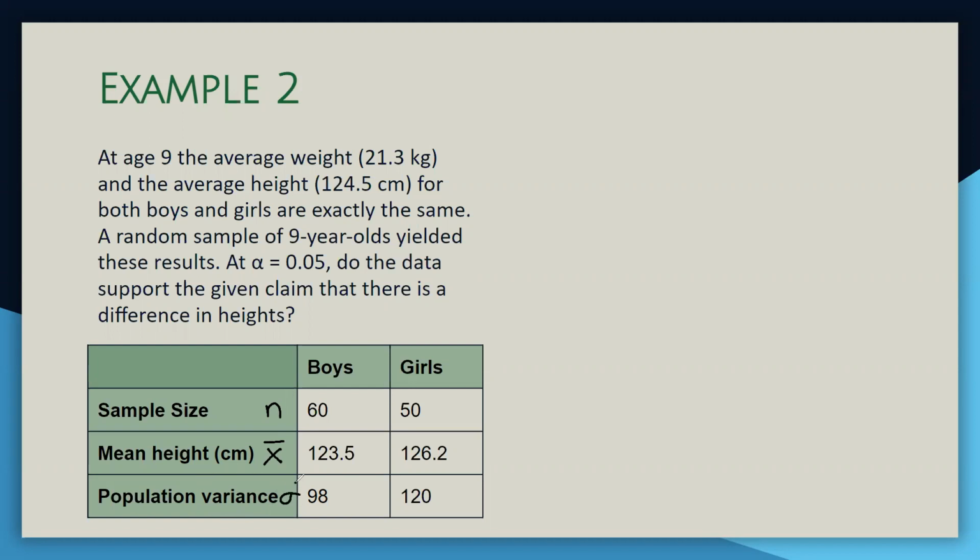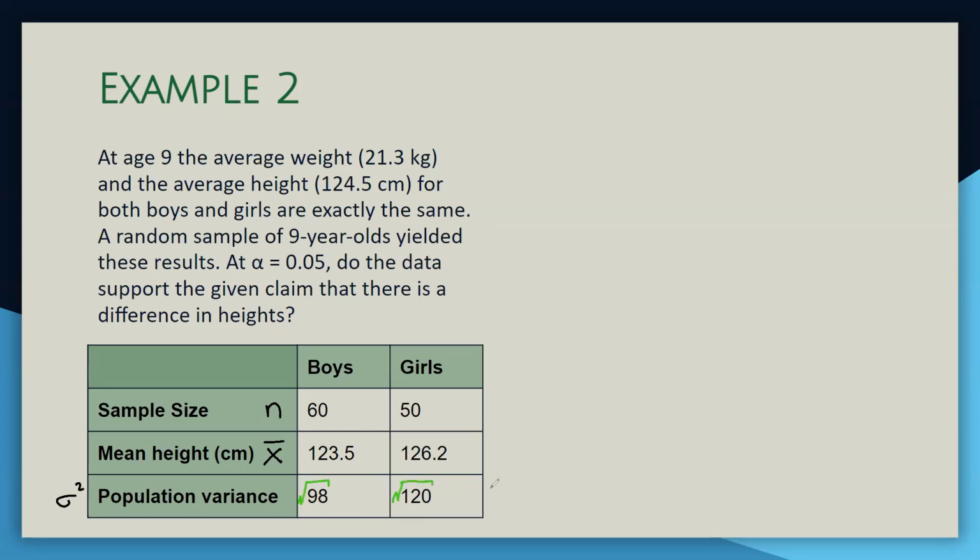The variance is the standard deviation squared. So this row here is not sigma, it's sigma squared. What that means is when I go to plug this into my calculator, I want to use the square root of that number.